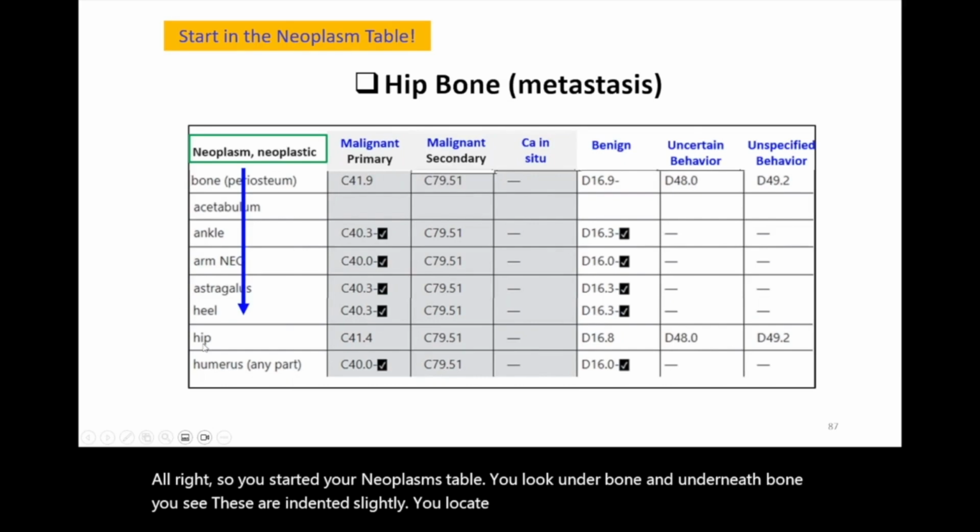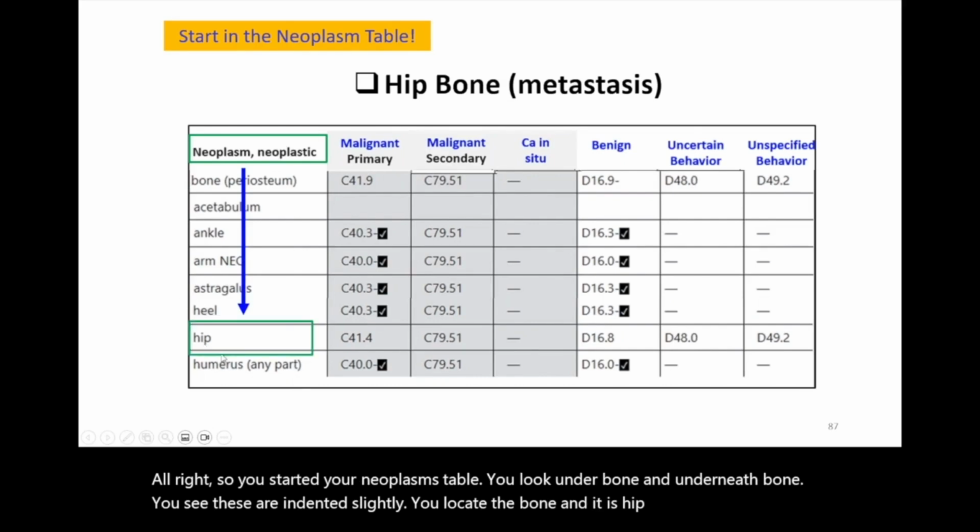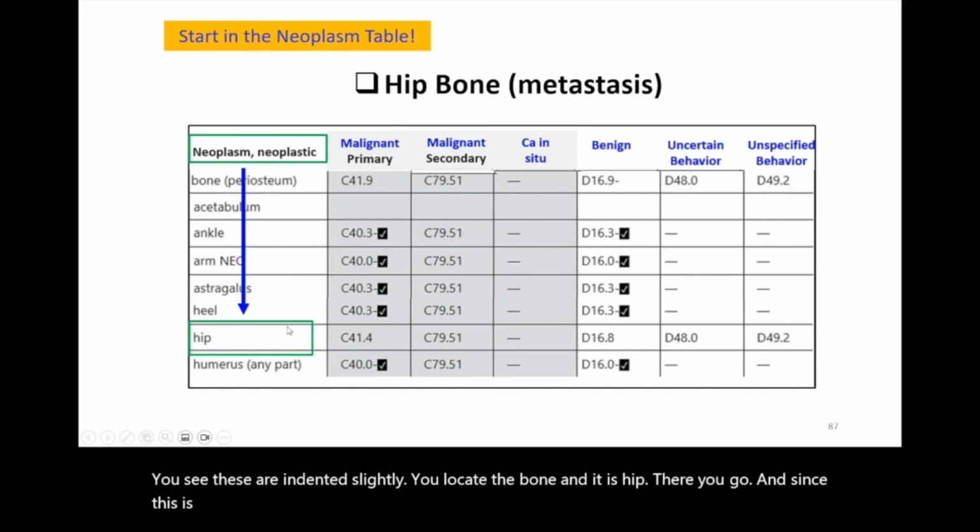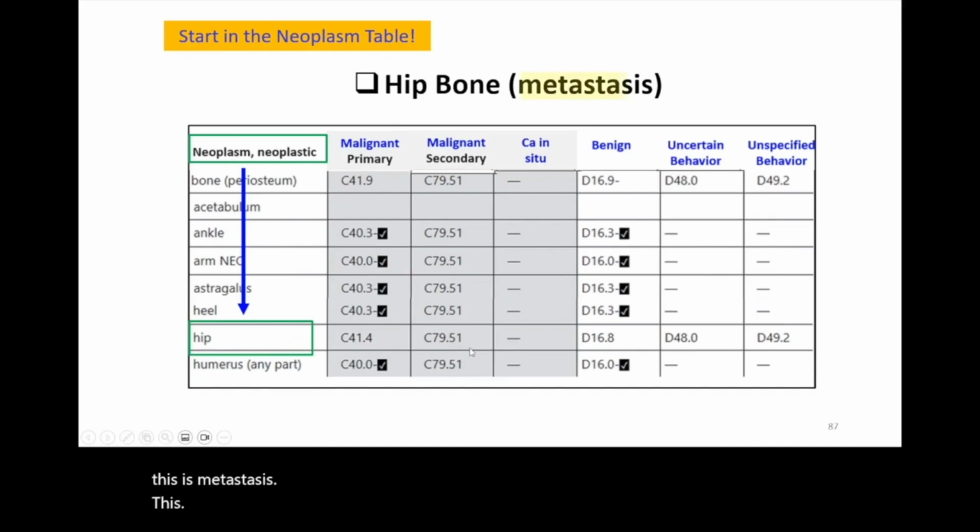You locate the bone, and it is hip. There you go. And since this is metastasis, this is our secondary cancer. And our code, C79.51. That is our answer.